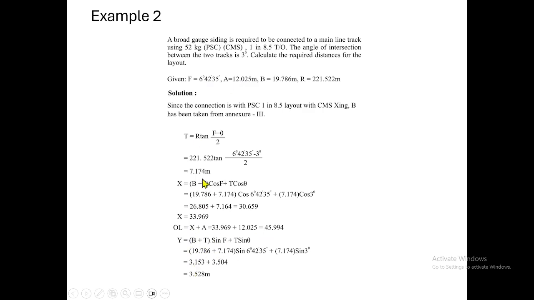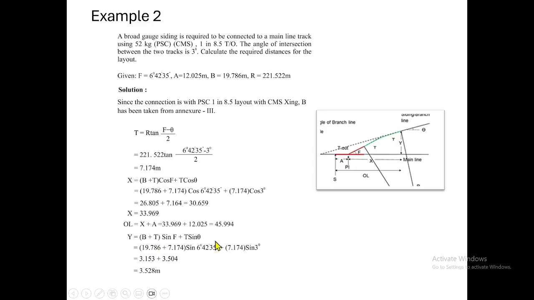Then the Y distance, same formula, vertical distance, opposite side, B plus T sin F plus T sin theta. So we got 3.528, so now we have the Y. Once we know the Y distance, we will be able to fix the tangent point as well as the SRJ.